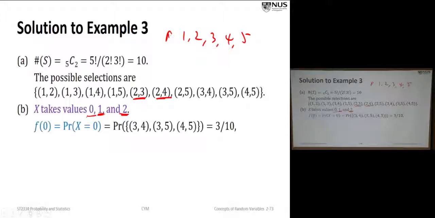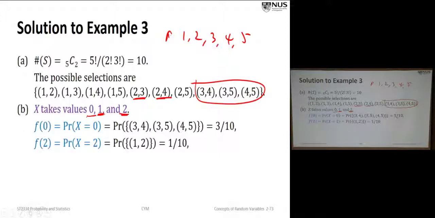When there are no defectives, it means you take these 3 out of all the 10 possible choices. So it's 3 over 10. For f of 2, you select 2 and both happen to be defective. That means you pick this one. It's 1/10. This one is easier to work with.